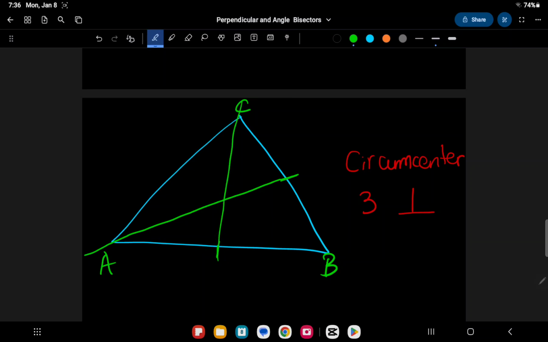And finally, I am going to bisect AC. So that's the middle here. I bisect that. So an interesting thing happens. Where the three perpendicular bisectors meet is known as your circumcenter. So this point here is your circumcenter.